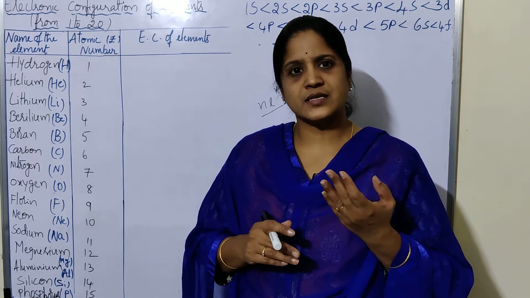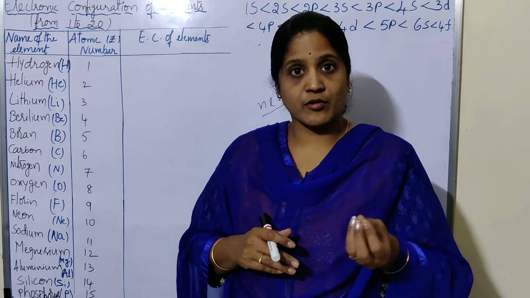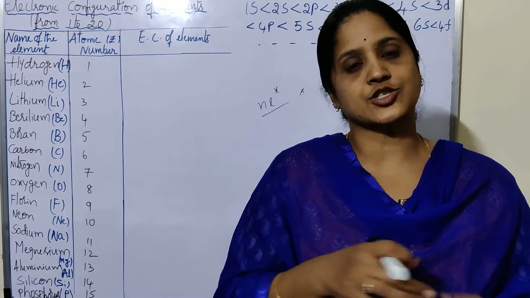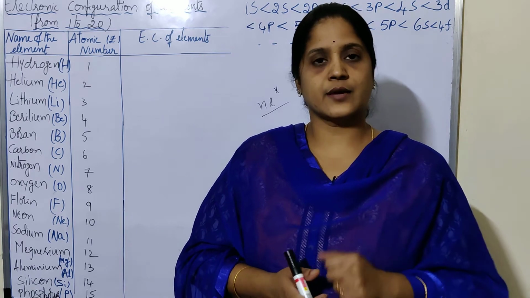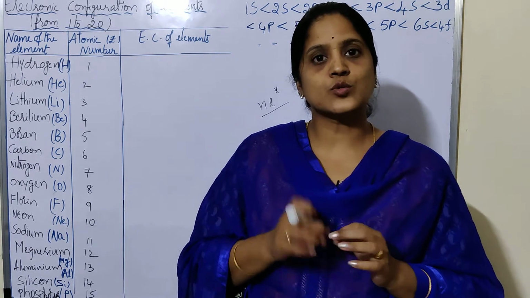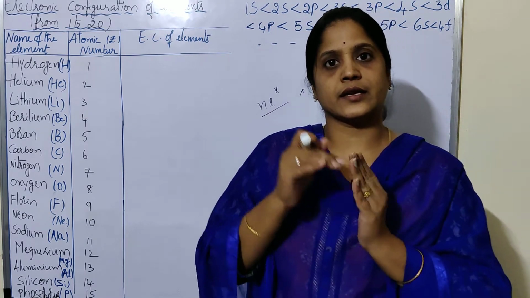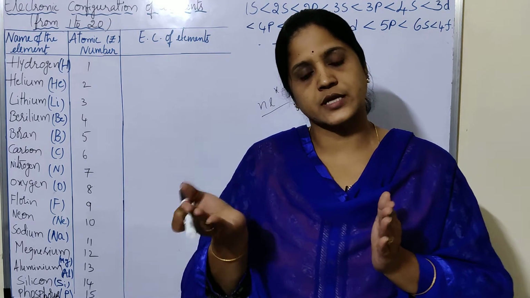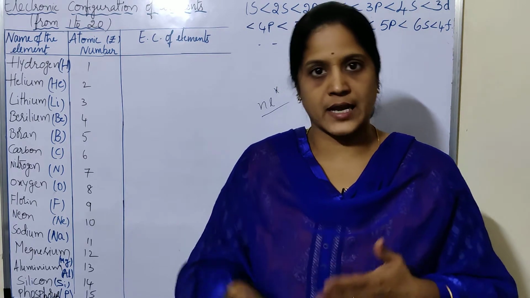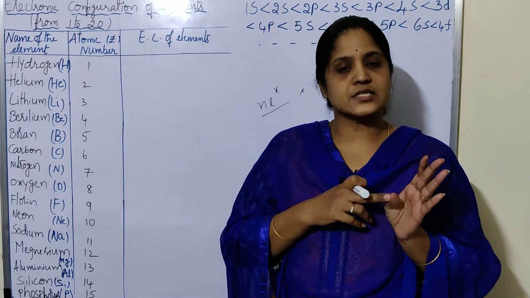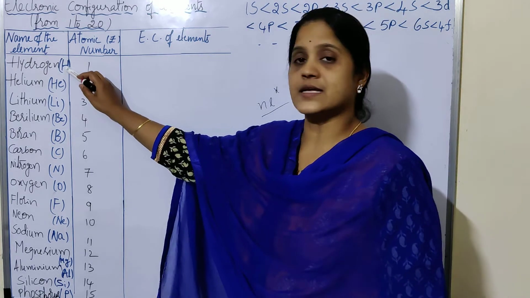How many electrons an atom contains, that is its atomic number, either the number of electrons or the number of protons. For example, hydrogen contains only 1 electron and 1 proton. Either can be considered, but here we will discuss the number of electrons only. So hydrogen contains only 1 electron, and due to that the first element is hydrogen.